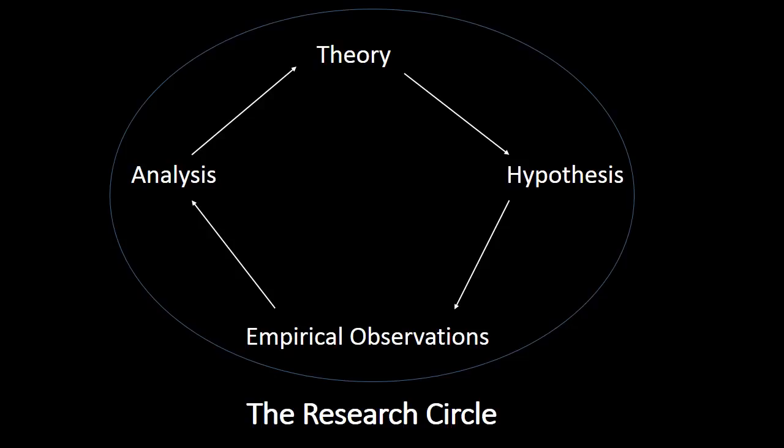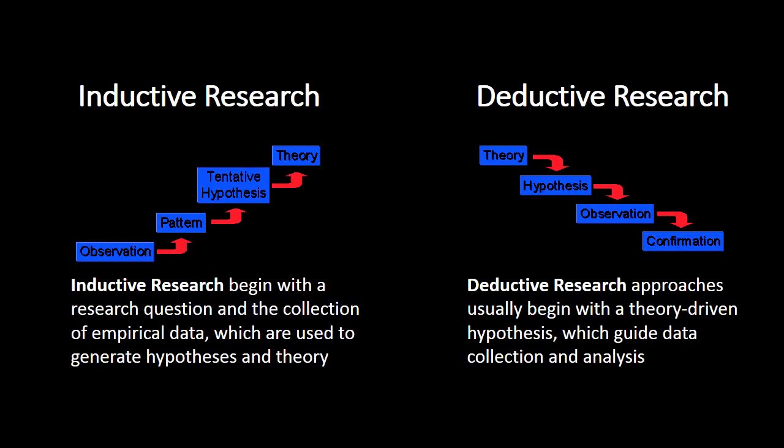That is really what distinguishes inductive from deductive research, because in inductive research, you begin with a research question, and that research question guides your collection of empirical data, which you then use to generate a tentative hypothesis, which you confirm with additional data. And then that data becomes the basis for forming a social theory, a set of ideas that you can use to explain your topic.